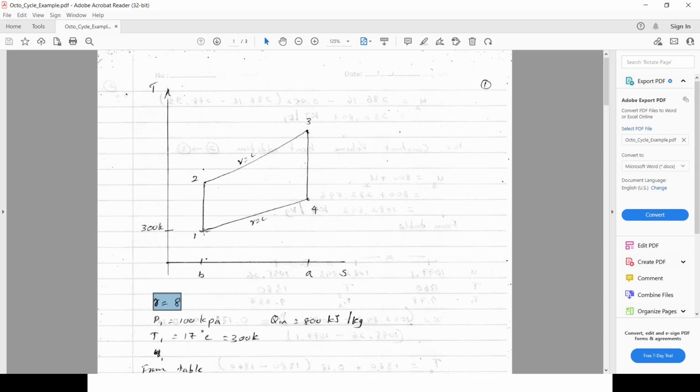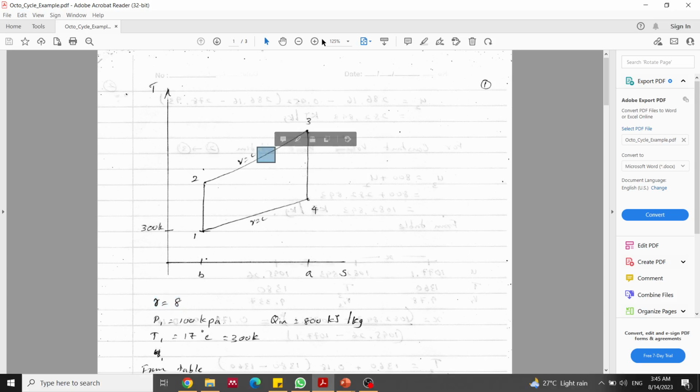So this point is given in the question. And Q in here is 800 kilojoule per kilogram, right? Those things we know.